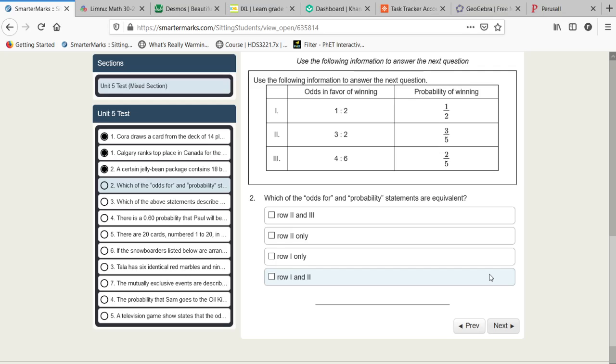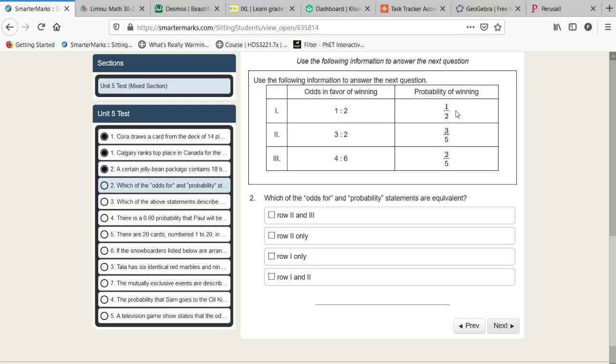Now, use the following information to answer the next question. Which of the odds for and probability statements are equivalent? Now remember, with odds, it's not favorable cases compared to all, it's favorable compared to unfavorable. So 1 to 2 is 1 over 1 plus 2, or 1 over 3.